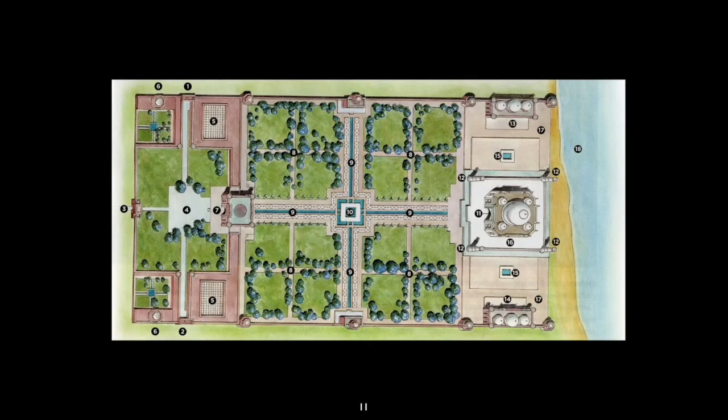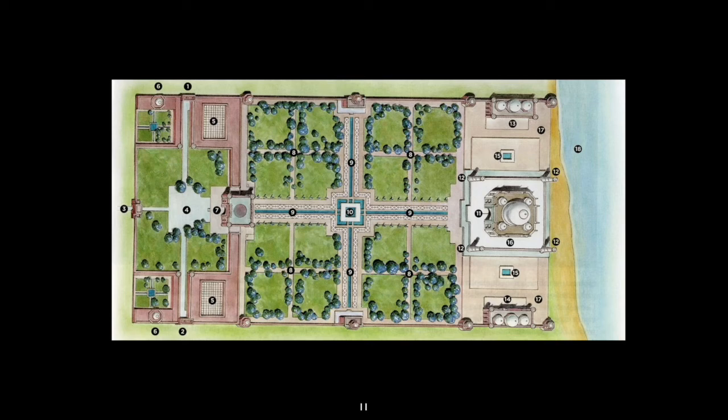Here is a plan view of the Taj Mahal, which you can see in the center, on the right. As you approach this, you walk through a garden on the left, and you come to a courtyard, area number 4. You walk up some steps to a gatehouse, and the gatehouse is an opportunity to frame and see this building from just the right place and vantage point to get its full effect.